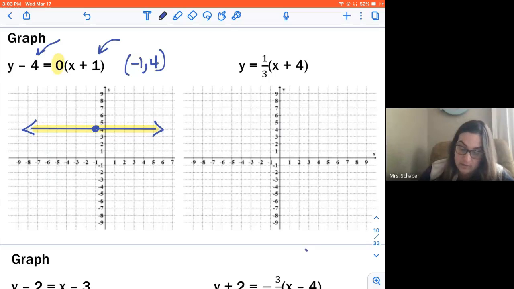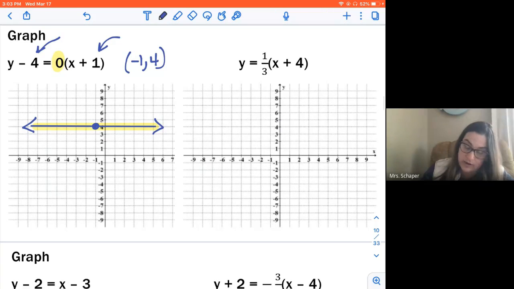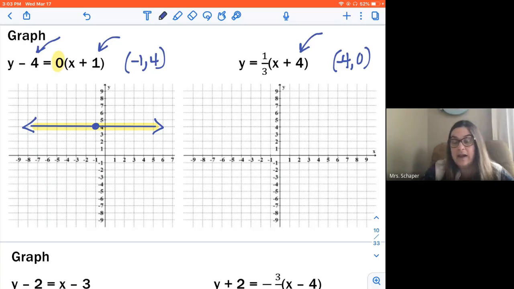Looking at the next one, we've got y equals 1/3 times the quantity x plus 4. So again, finding my ordered pair, it's going to be -4, 0. Taking the 4 is my x, taking the sign opposite that, so -4. There's nothing added to the y, so that's 0. And my slope is 1/3.